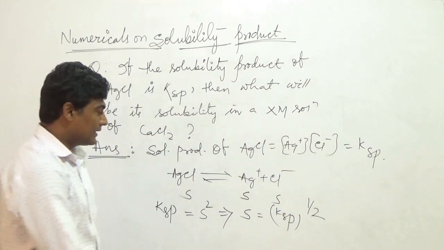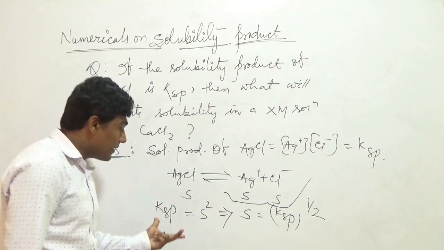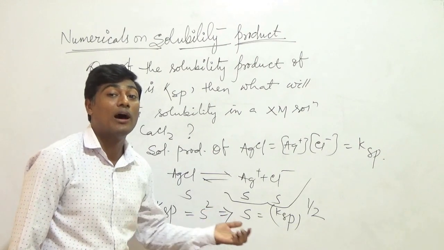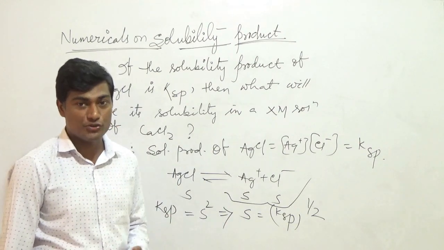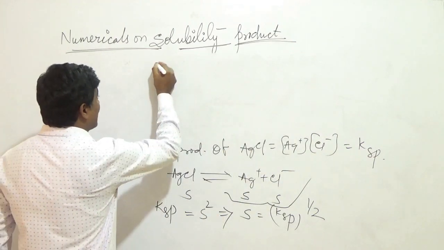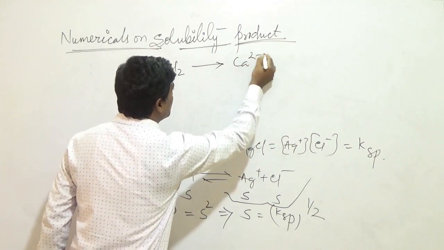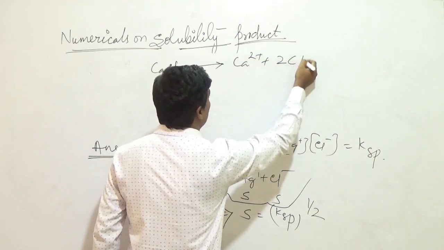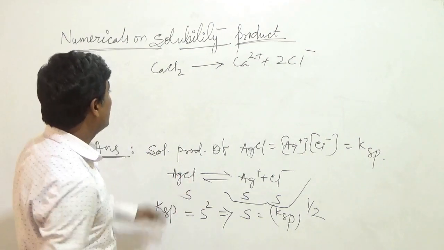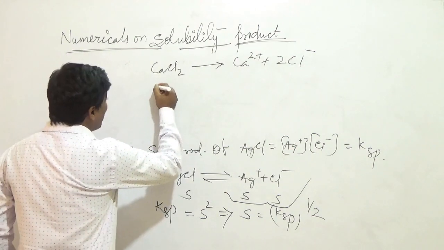So the solubility will be Ksp to the power half. But you are adding it to the X molar calcium chloride solution. Calcium chloride dissociates into Ca2+ and 2Cl−. In the question, it is given that calcium chloride is present as X molar.